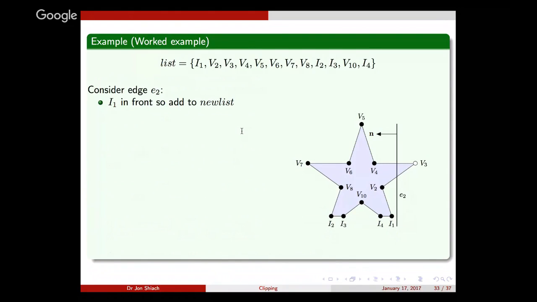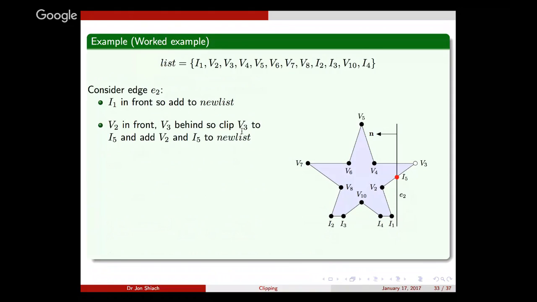I started off with the list which I had at the end of the previous edge. Do the same thing again. I1 is in front, so we add it to the list. V2 is in front, but V3 is behind, so we clip V3 to I5 and add V2 and I5 to the list.